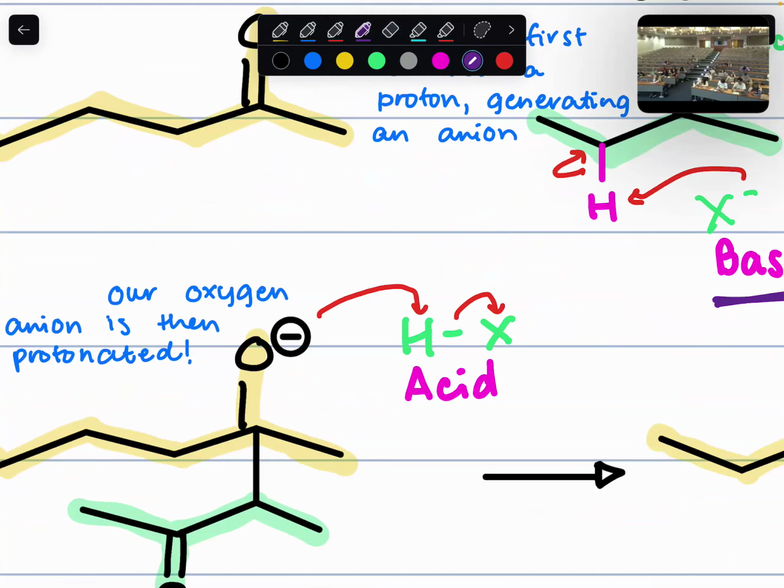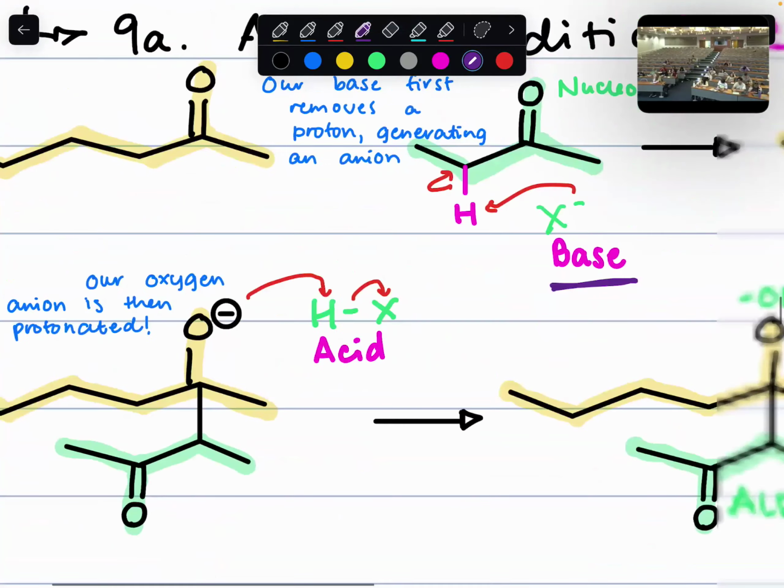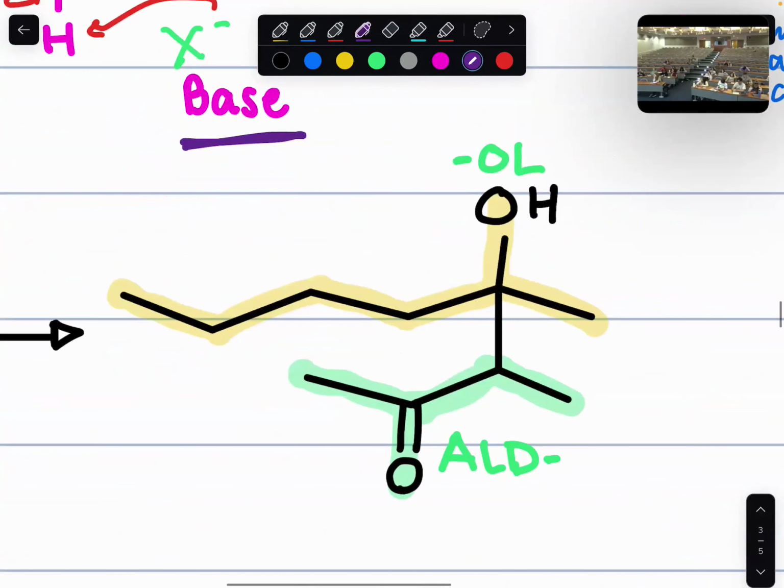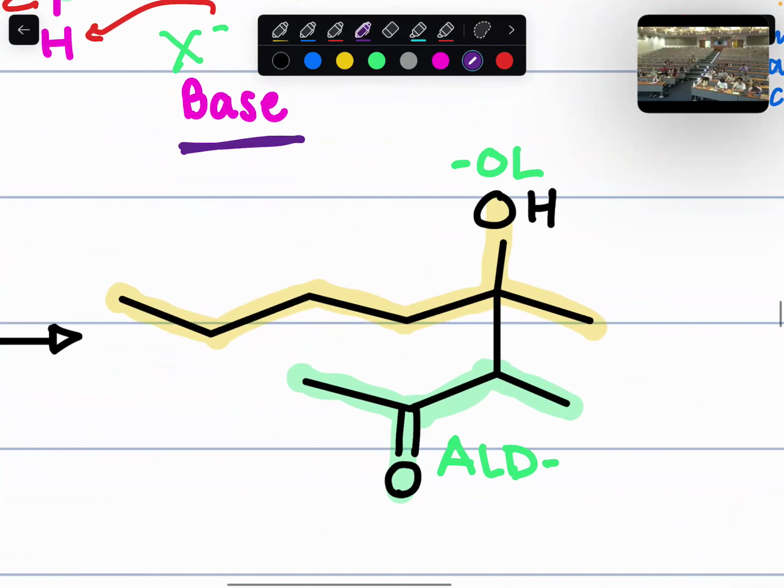So we're going to protonate using an acid, and we end up with a ketone and an alcohol. So an aldol addition will always end with one of these double bonded oxygens and one alcohol.